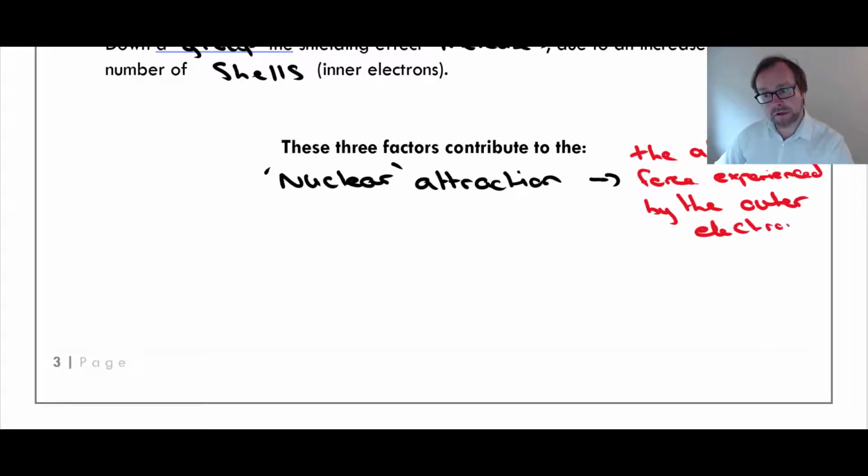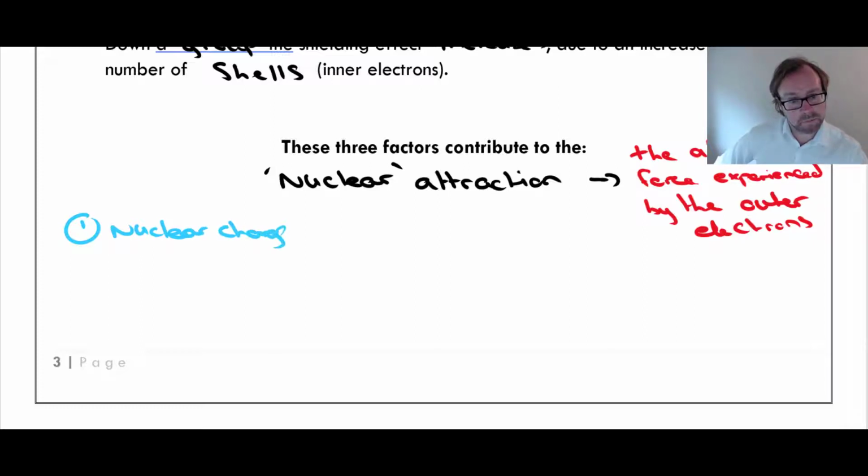Nuclear attraction and nuclear charge are different. Nuclear charge is our number of protons in a nucleus.